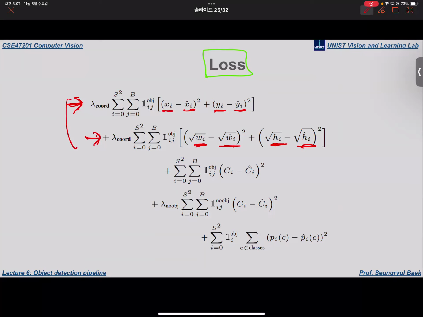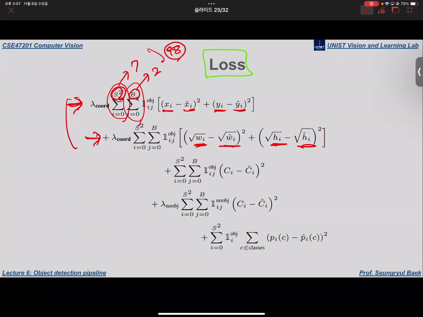Also you can see this kind of notation. This B is 2 because you estimate 2 bounding boxes for each grid. And this S means 7 because you have to calculate this loss for all the grids. So we will have 98 bounding boxes in total.